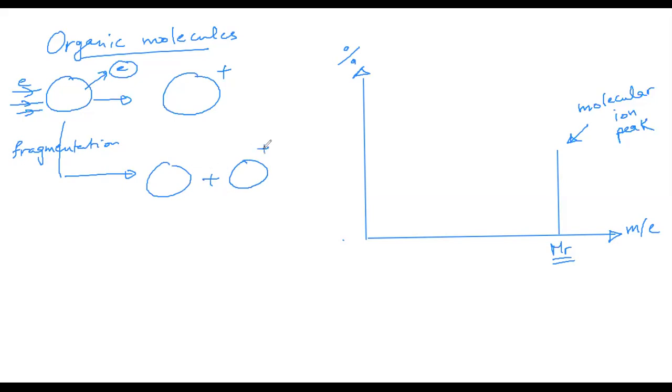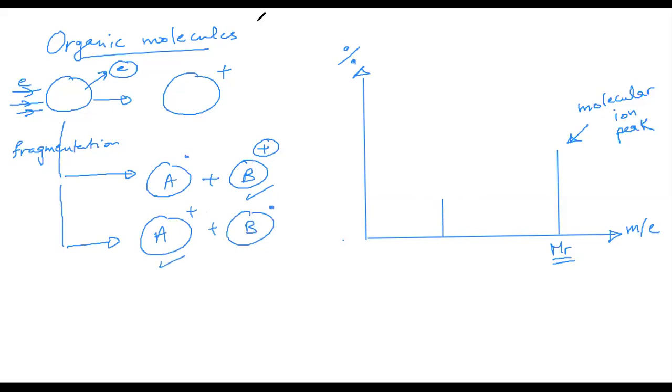One of them is positively charged and the other is a free radical. The one with the positive charge is going to have a peak in our spectrum. If this is A and this is B, it could be A that has the positive charge and B will have the free radical, and so we also get a peak for A.